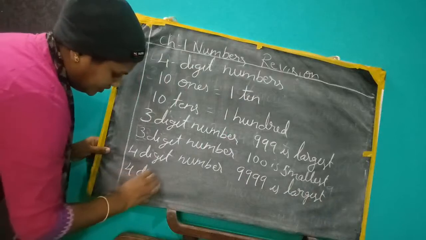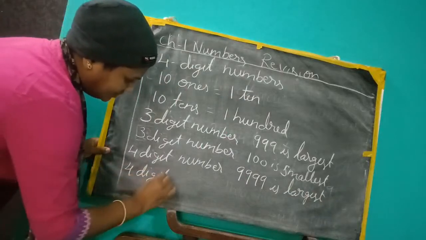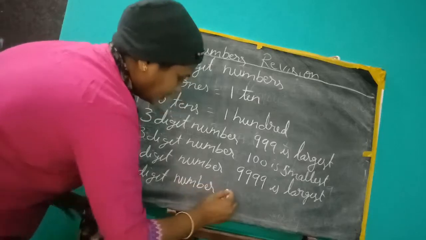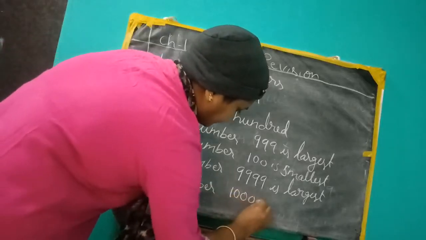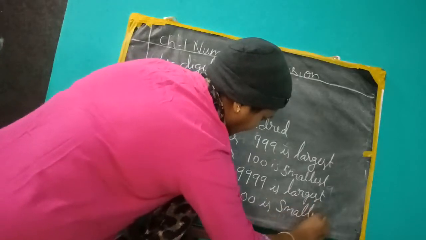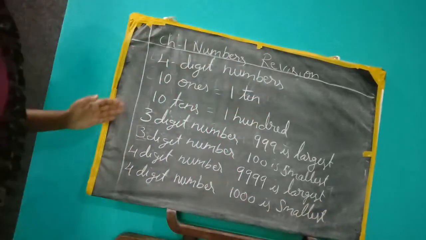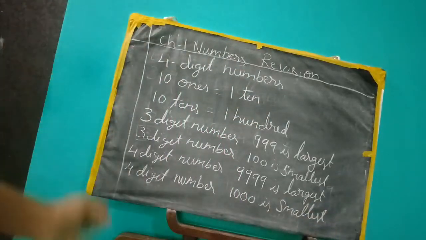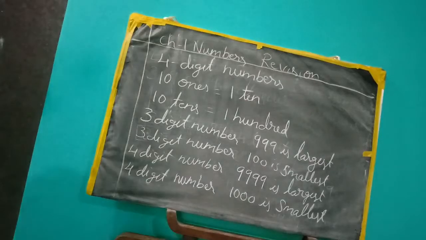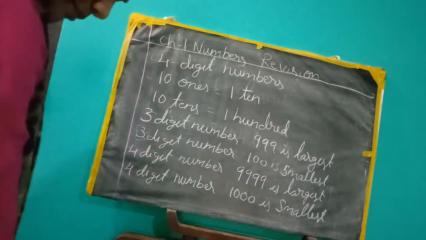In 4 digit numbers, which number is the smallest? 1,000. Okay, you should keep it in mind, children: the largest number and the smallest number. It is compulsory to keep it in mind, for 4 digit numbers, 5 digit numbers, any numbers.